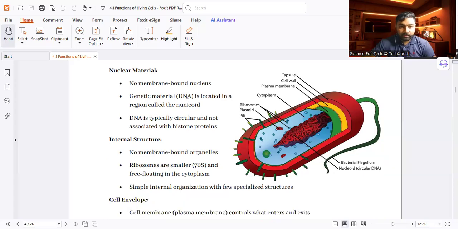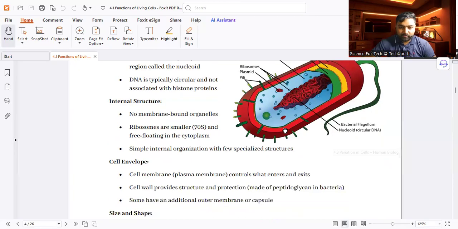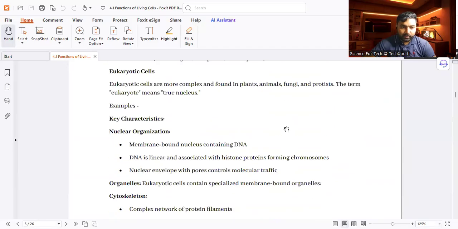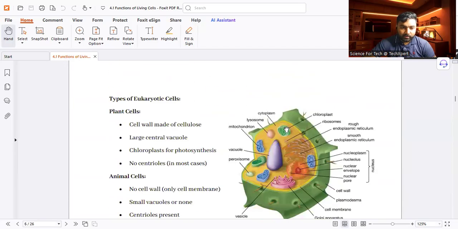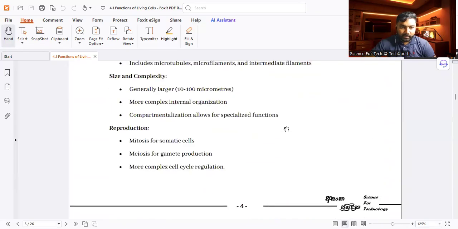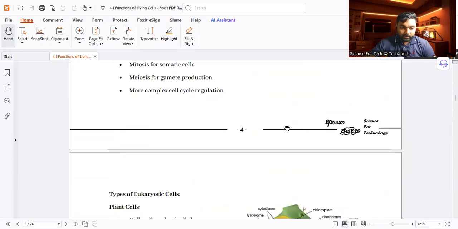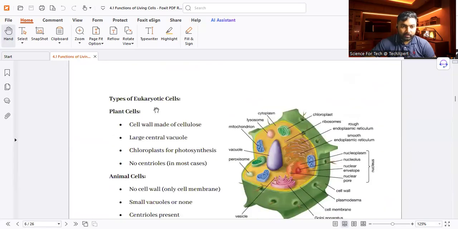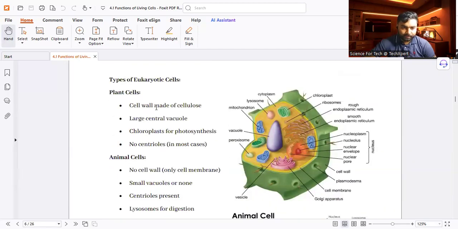Then we talked about the structure of a prokaryotic cell, reproduction and examples, and we moved to the eukaryotic cells, and we finished with reproduction. Today we have to start from types of eukaryotic cells.